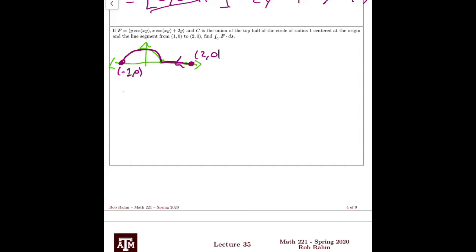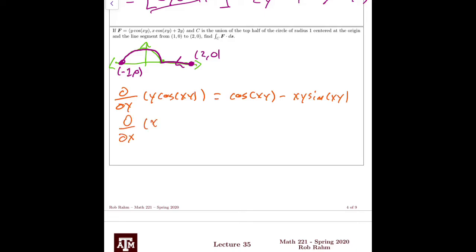So if we take the y derivative of y cosine xy, we see that this is equal to cosine of xy minus xy sine of xy, and the partial derivative with respect to x of x cosine xy is equal to cosine of xy minus xy sine of xy.